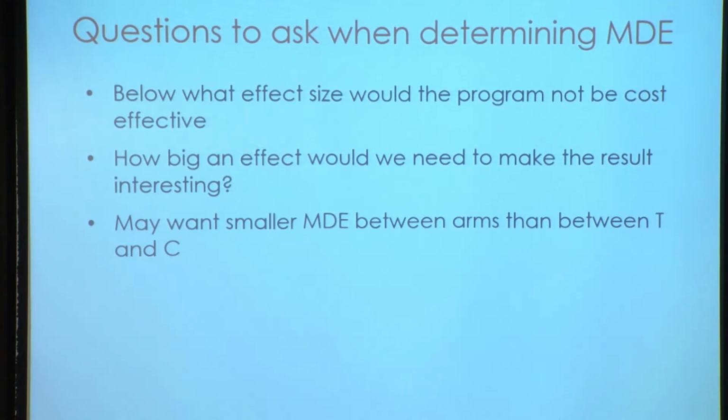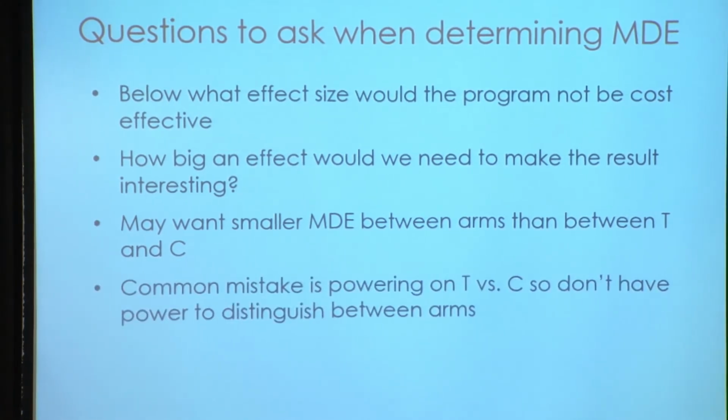If a slight tweak to the program could have quite a small effect and still be worth it, because it's not costing you very much more to do it slightly differently, that would suggest a very small MDE between treatment arms. As I've said, that comes with lots of costs, but again, that's what you've got to ask yourself.